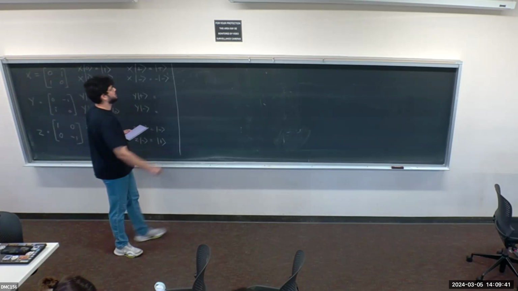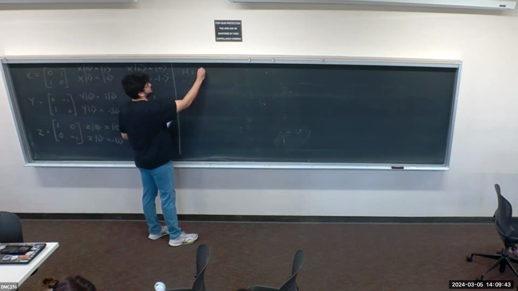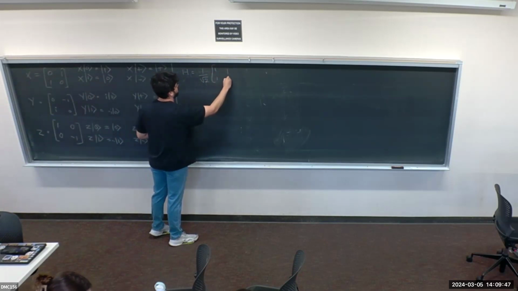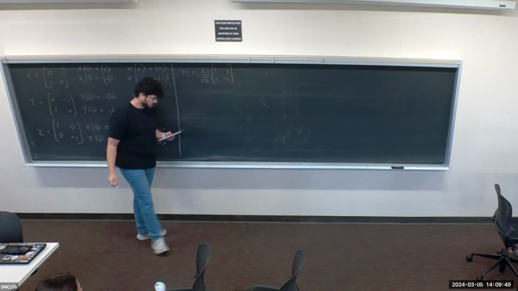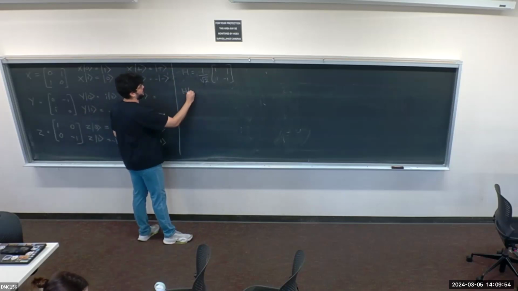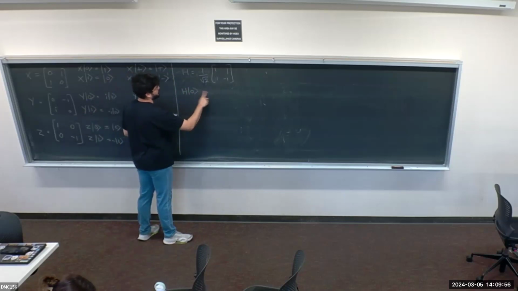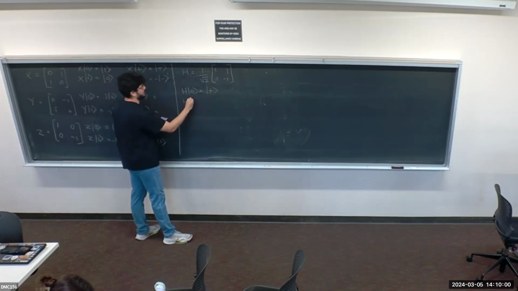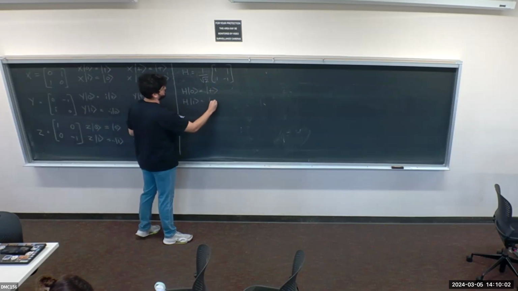Okay, so another operator that we use is Hadamard, which is 1 over square root 2 times 1, 1, 1, minus 1. So Hadamard acting on 0 gives you state plus. Hadamard acting on 1 gives you state minus.